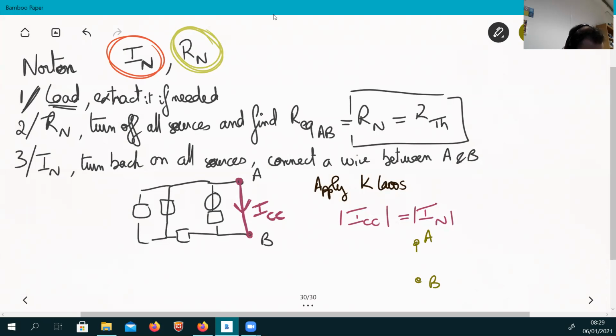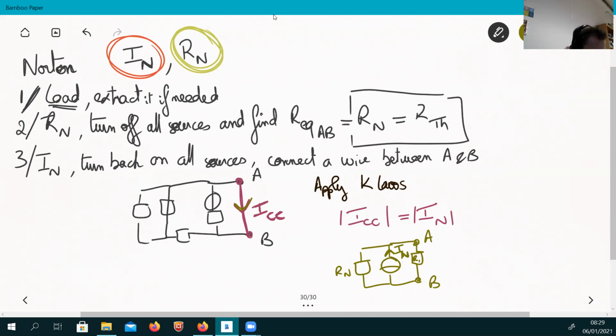So you are in between A and B, you put back the load, R1, and then when you draw your equivalent Norton model, you have Rn here, but the IN here goes in the opposite direction than ICC. You see, ICC goes down, and IN goes up. This is the only difference that you have to pay attention to, but the value of ICC equals the value of IN. And that's it.